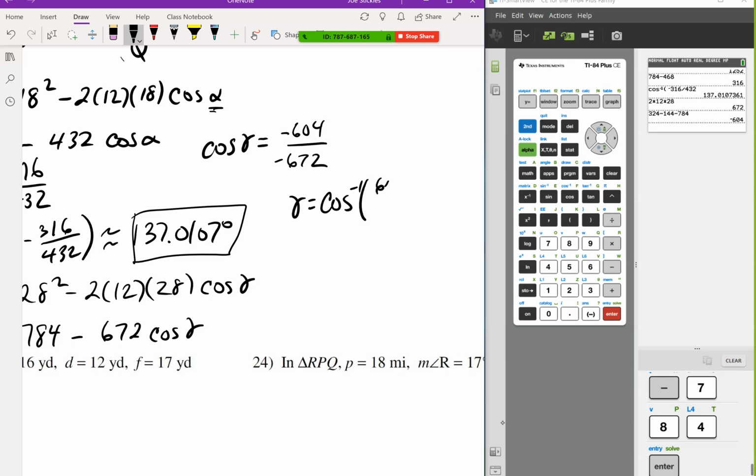So we have 604 over 672. We'll do the inverse cosine of that, because the negative signs cancel in that case. And we get 25.9980, again rounded to 4 decimal places.